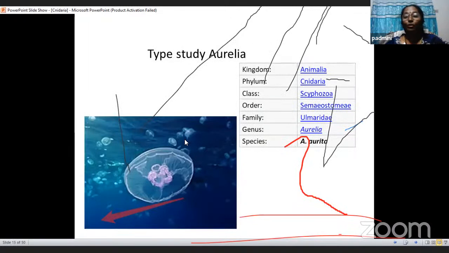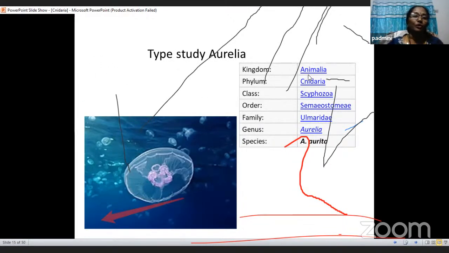So that was the general characters and classification. You have three classes: hydrozoa, anthozoa, and scyphozoa. Now, when we talk about the type study, we are going to talk about one of the scyphozoa. Under scyphozoa, we are going to talk about Aurelia. Kingdom Animalia.